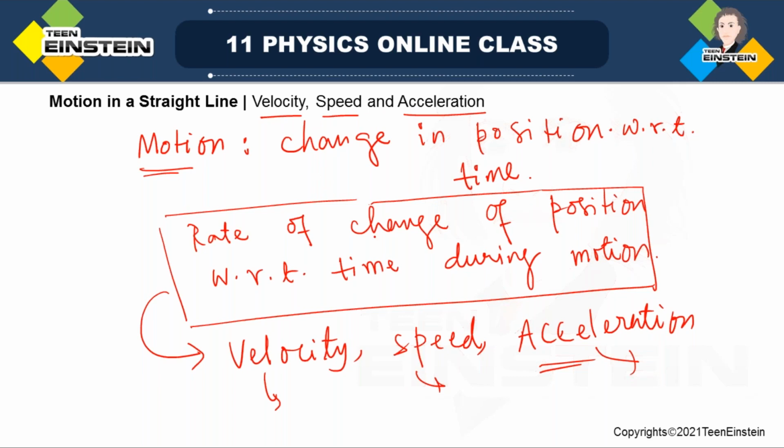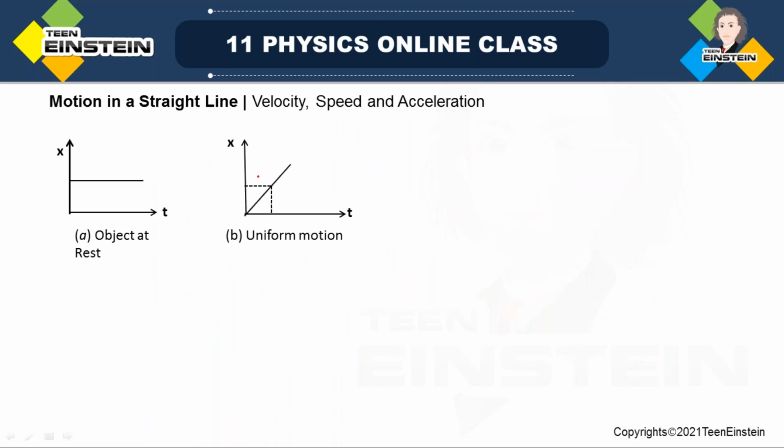Okay, so just before I get into this, we'll see how graphically we can represent the motion of any object, or if an object is at rest, graphically.